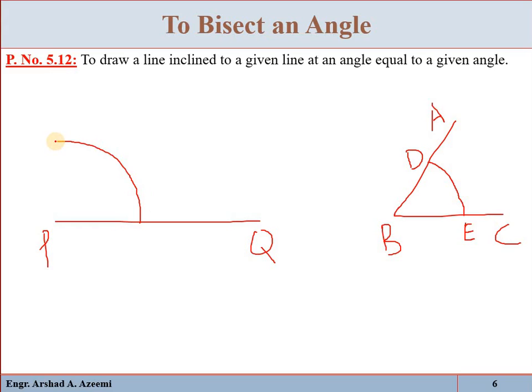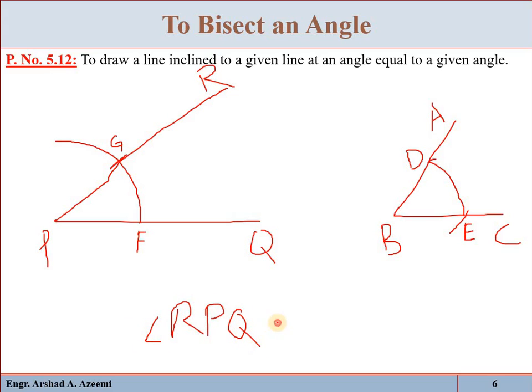Suppose this is point F. Now take a distance of ED, meaning open a compass equal to ED, and with center F mark a point here. Suppose that is G. Now join P with G and extend it. Suppose that is R. So now angle RPQ will be equal to angle ABC.